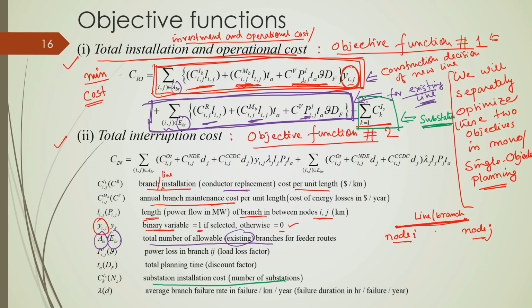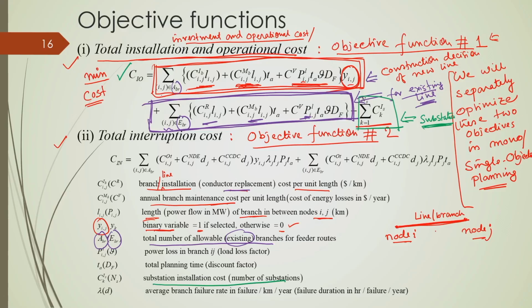So, overall this objective provides the total cost required to install all new lines and capacity addition or conductor replacement required for existing lines.